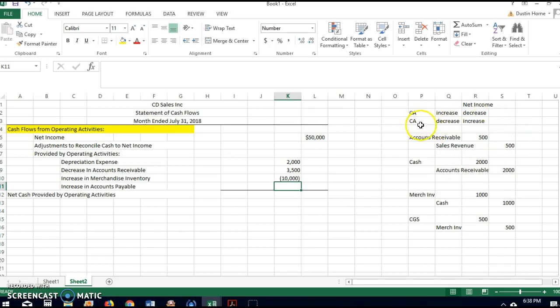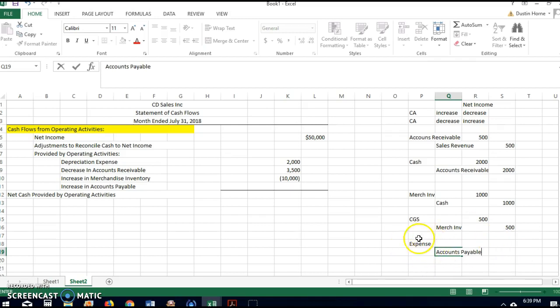And I will talk about the shortcut for that in just a second. But with accounts payable, what happens is when we buy something or when we have an expense, we're going to debit expense when it occurs, and we're either going to pay the expense or we're going to do accounts payable and pay it later.